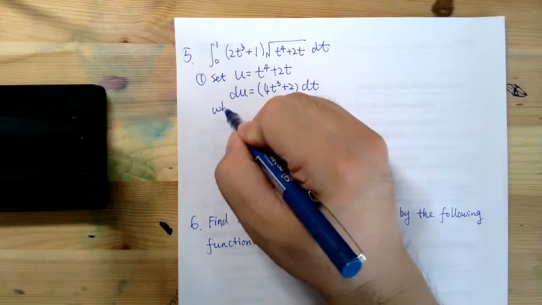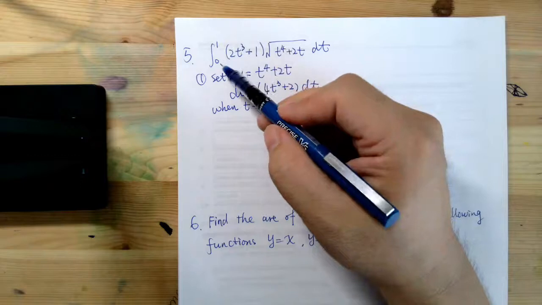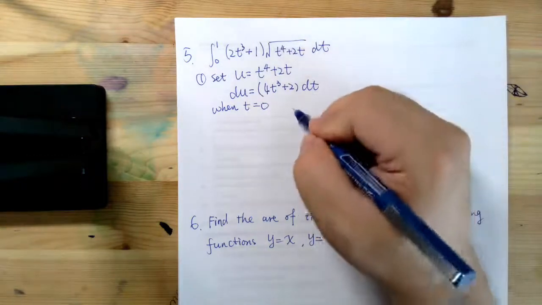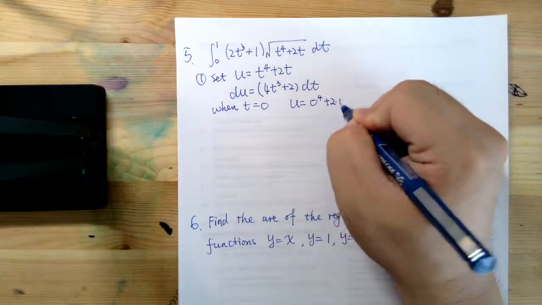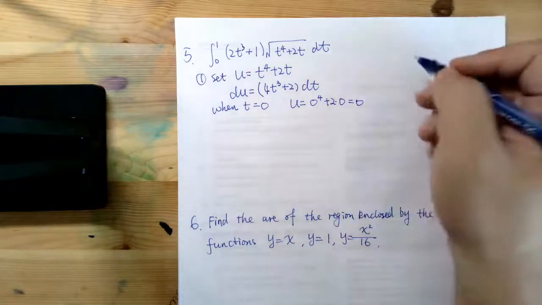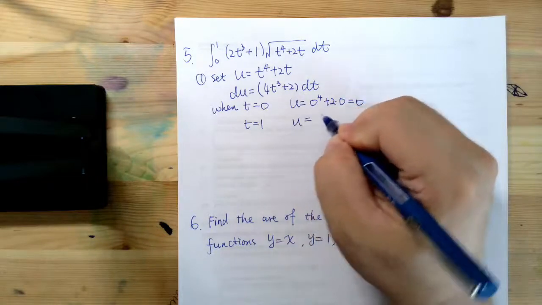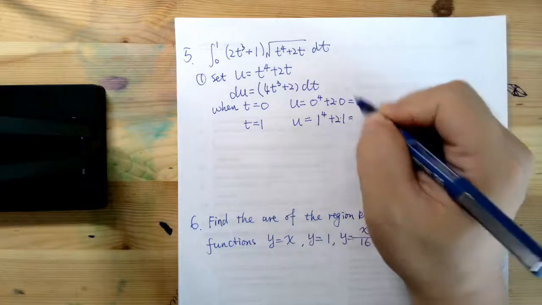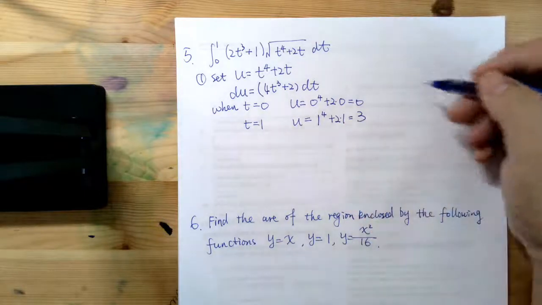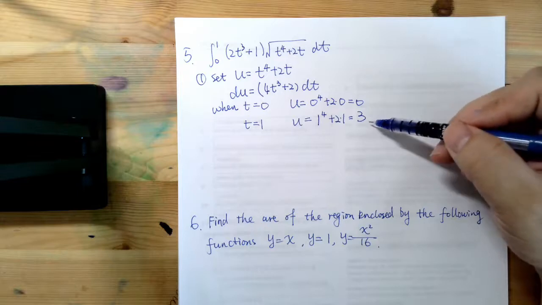When t equals 0, u equals 0 to the power 4 plus 2 times 0, which is 0. When t equals 1, u equals 1 to the power 4 plus 2 times 1, which is 3. So the new limit is going to be from 0 to 3.